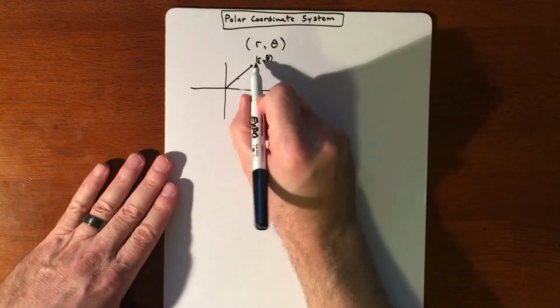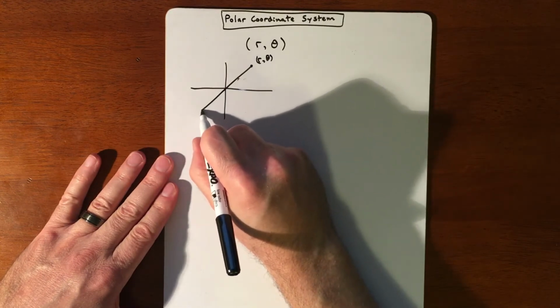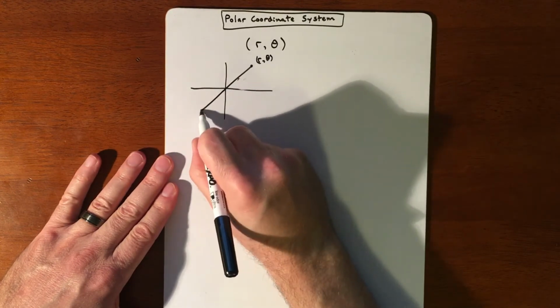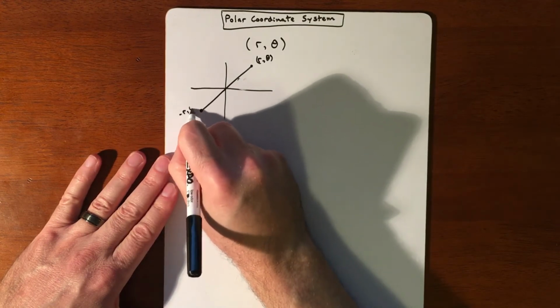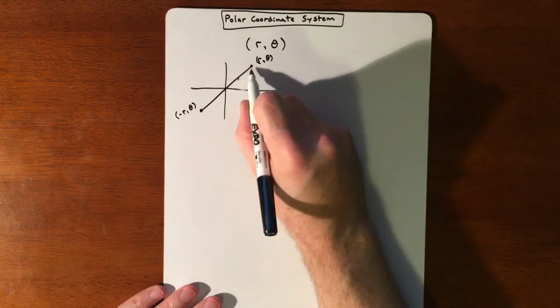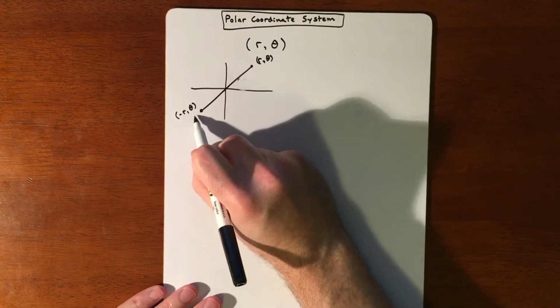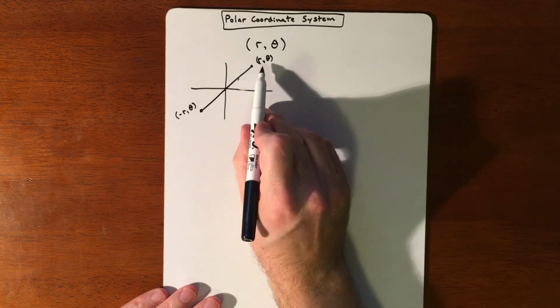And then if you happen to have a negative r, theta, you're going to be the exact same, just in the exact opposite direction. So graphing a negative radius is like graphing the positive radius, but wherever you were, you're going to reflect it over to the other side. That's all the negative does, it just reflects whatever your basic point would have been.